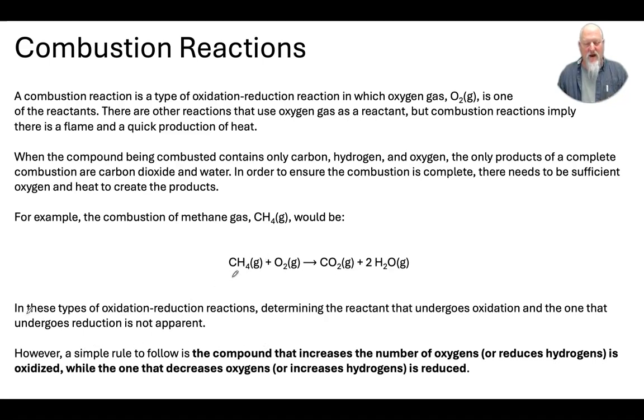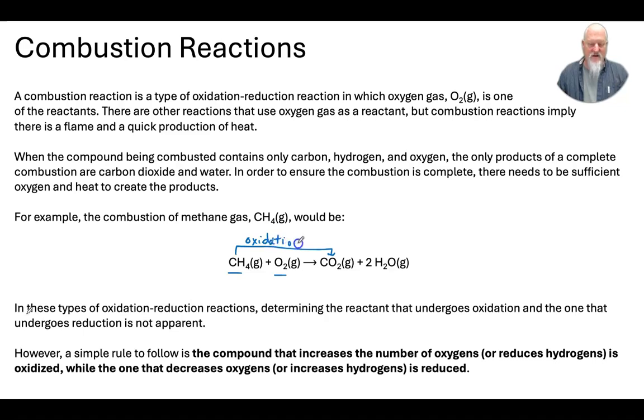When you're looking at your reactants, the one that increases the number of oxygens or decreases the number of hydrogens, that's the one being oxidized. So if we look at CH4 and O2, CH4 is going to CO2. It's increasing the number of oxygens, so it's being oxidized.